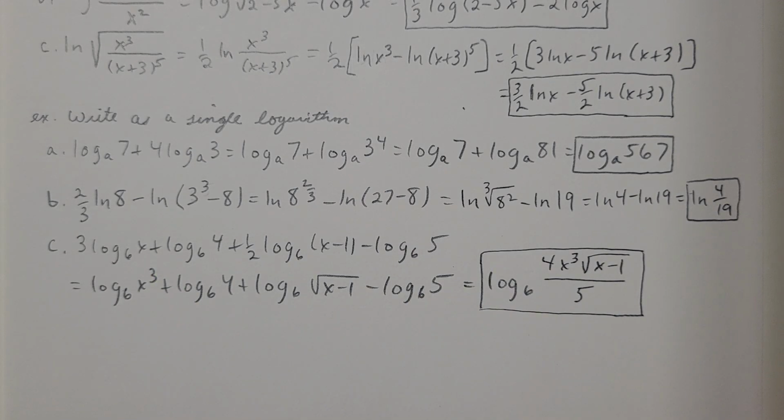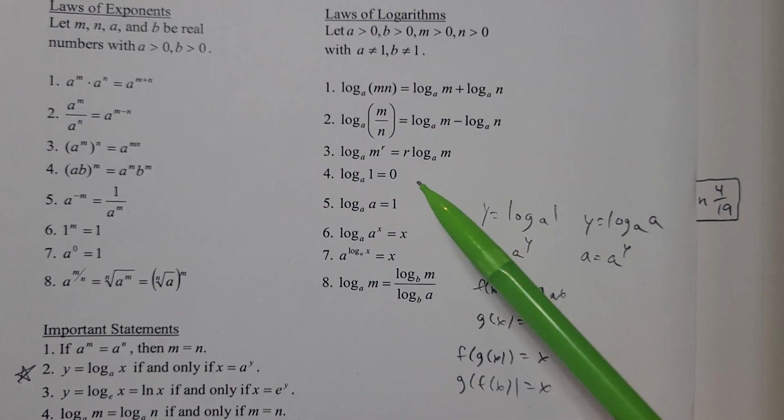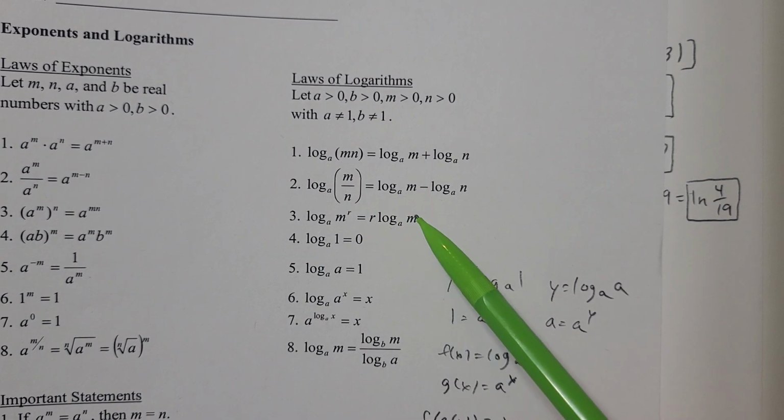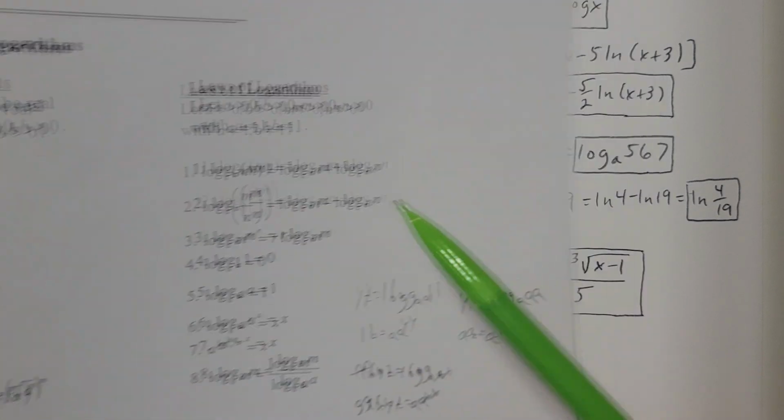Okay, let's try part B next. So in part B, we got 2/3 times the ln of 8 minus the ln of 3 cubed minus 8. Okay, well, let's begin by using law 3 again. So 2/3, that's in front of the logarithm, right? So that can be pulled up as a power of the inner part there.